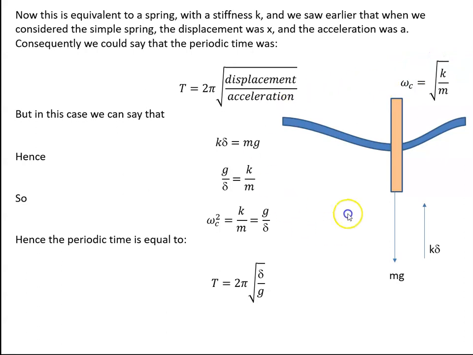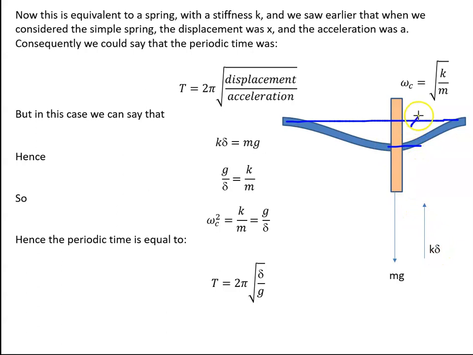Now, going back to the spring, we see if we have a weight attached to the shaft, it'll want to pull it back down. But when it's in equilibrium, that weight is going to be equal to the force that's trying to bring it back up again, which is the springiness times the deflection.